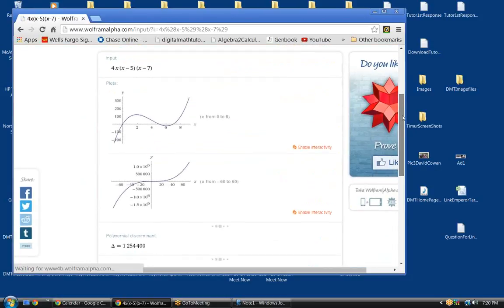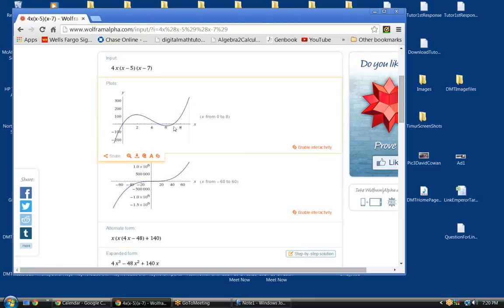Okay. Now, notice that there's no absolute maximum to this. Just looking at the function, this is the volume function. Y is the volume, x is the size of the cutout.